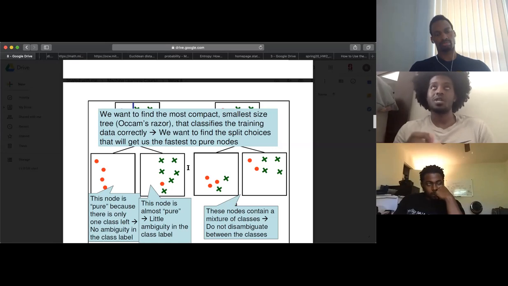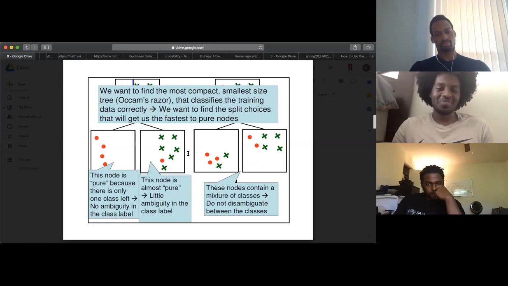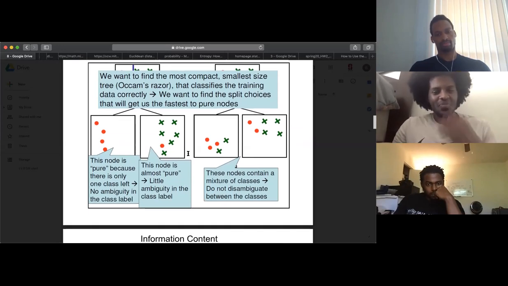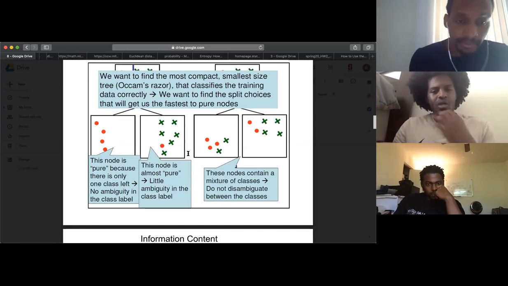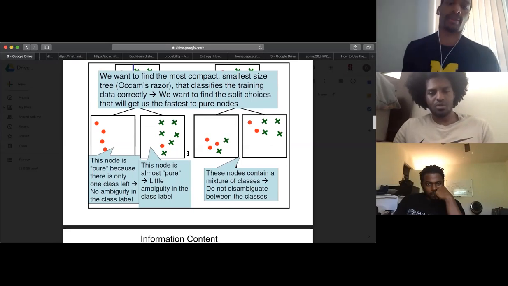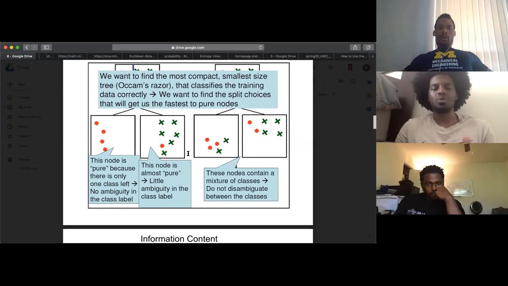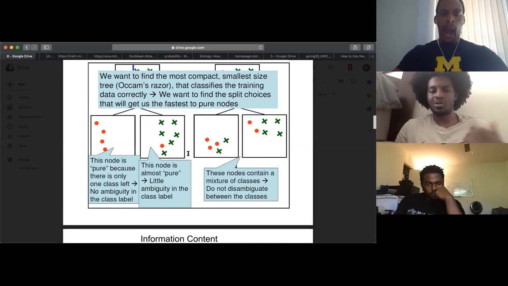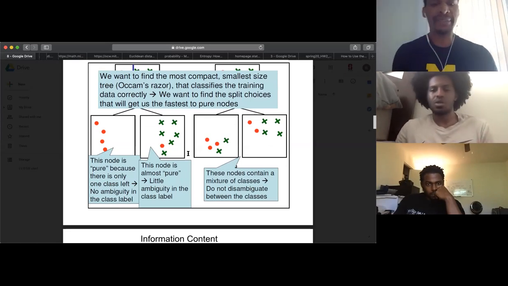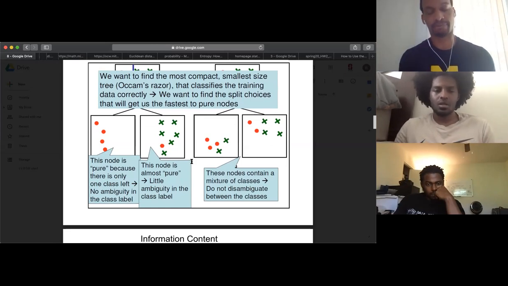Again, you can visually see that picking x1 is obviously the fastest method to get to pure leaves, because you've only had to split once, and you only need to split one more time to get there.